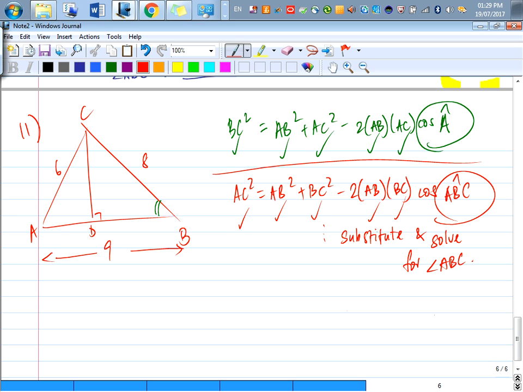Next is part B. Part B, we are trying to find the length of CD. And we would have found angle ABC as... Darren, what is the answer for angle ABC, part A? Who has calculated? Afiq, do you calculate?